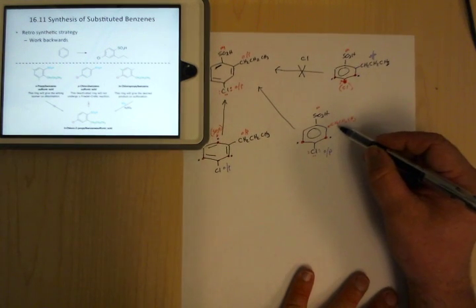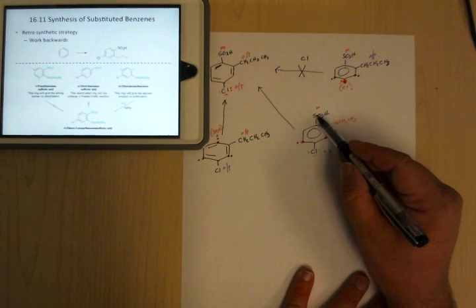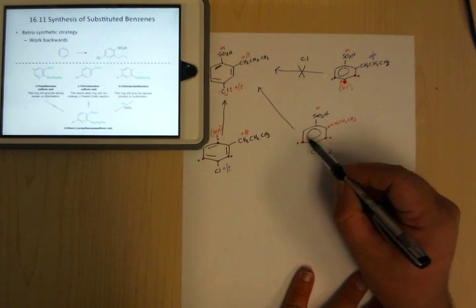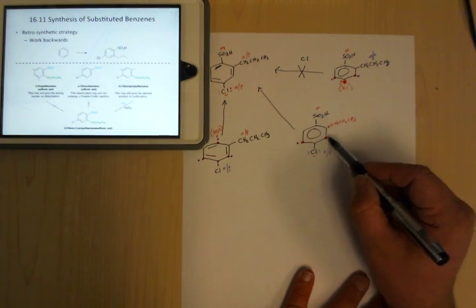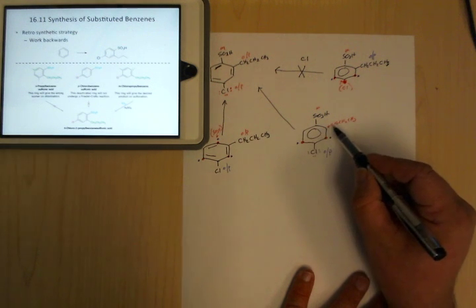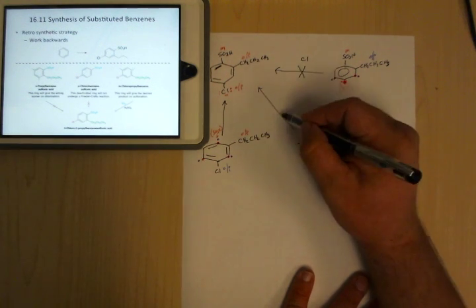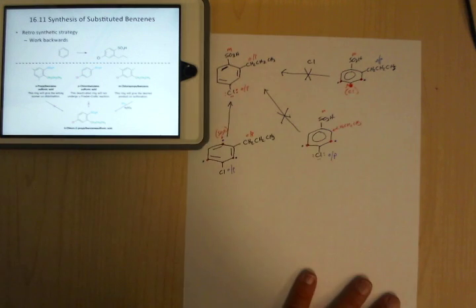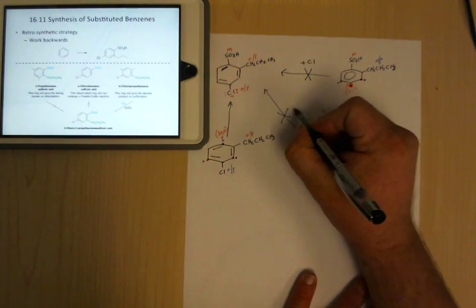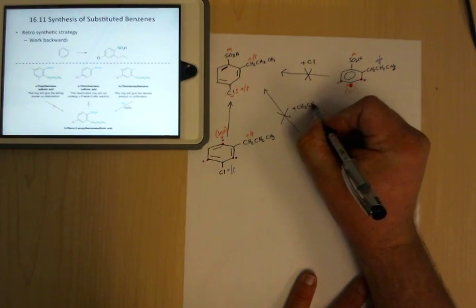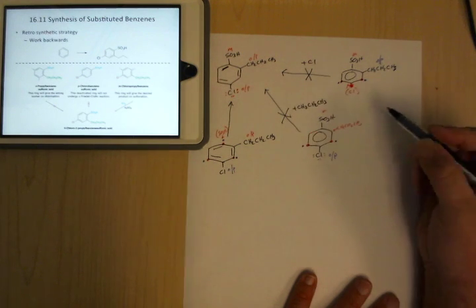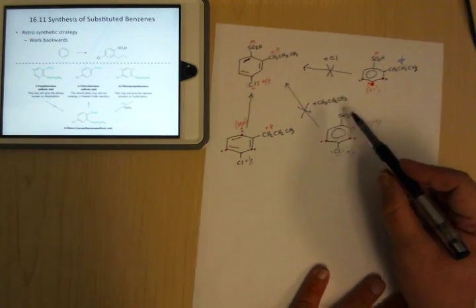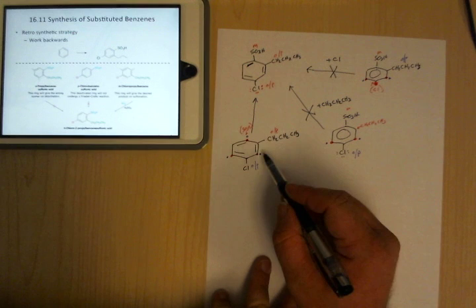If we go here, the chlorine and the SO3 are going to be additive to right there and right there. So that's no good. When we add on the CH2, CH3, that's not good either. So we have to go here.